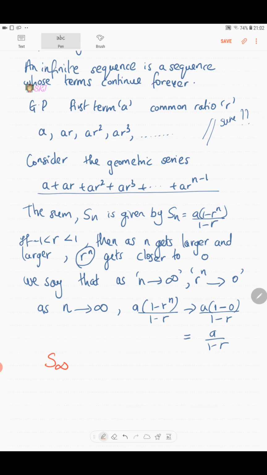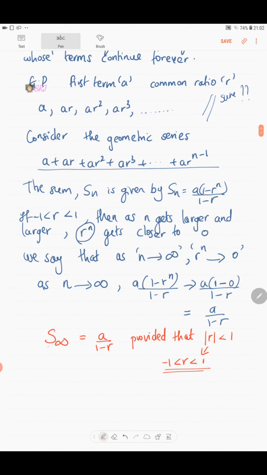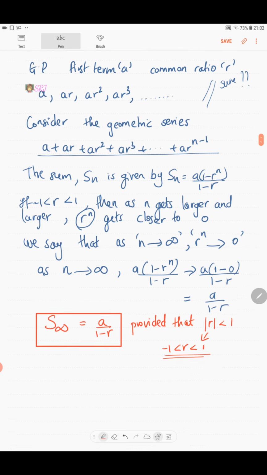So we obtain S infinity is equal to a over 1 minus r, provided, this is a condition, provided that modulus of r is less than 1, or r lies between 1 and minus 1. These two are the same. So this is a condition for us to have sum to infinity equal to a over 1 minus r. So this is the sum of an infinite geometric series.